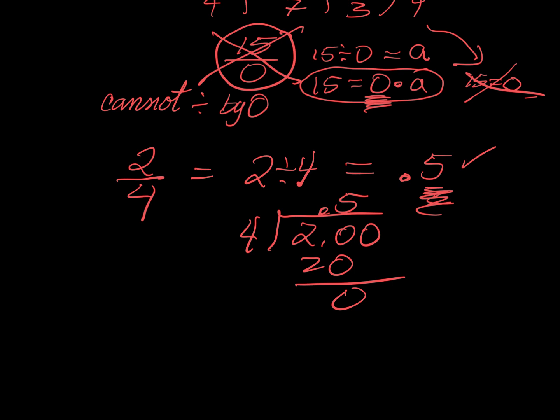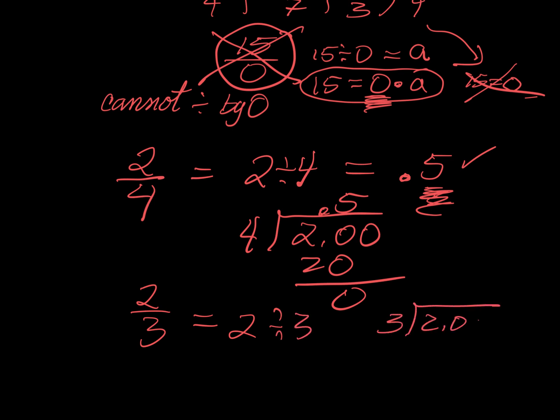Okay. It turns out that for any fraction, only two things will happen. Let's do a simple one, like 2/3. That's 2 divided by 3, so 3 going into 2.